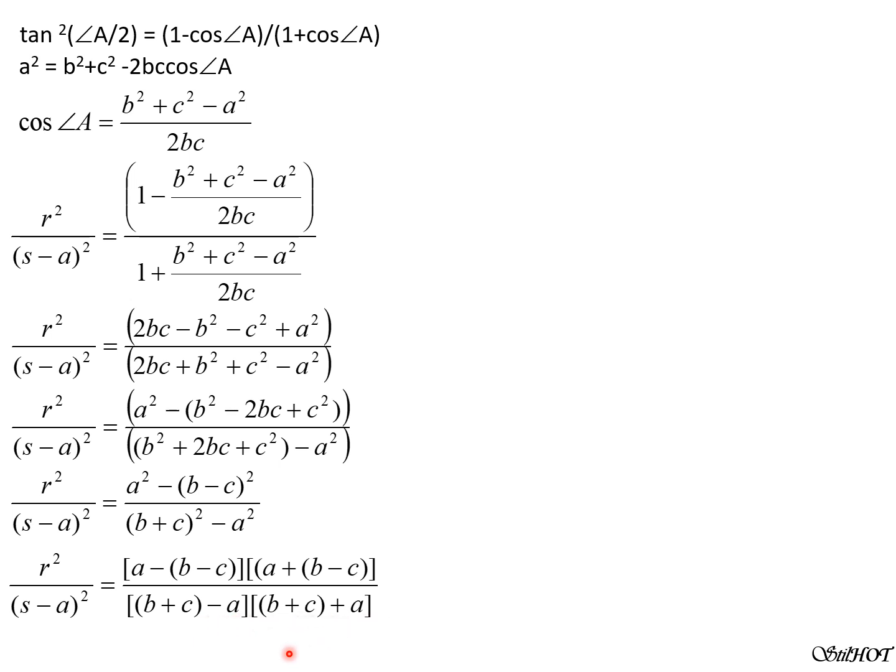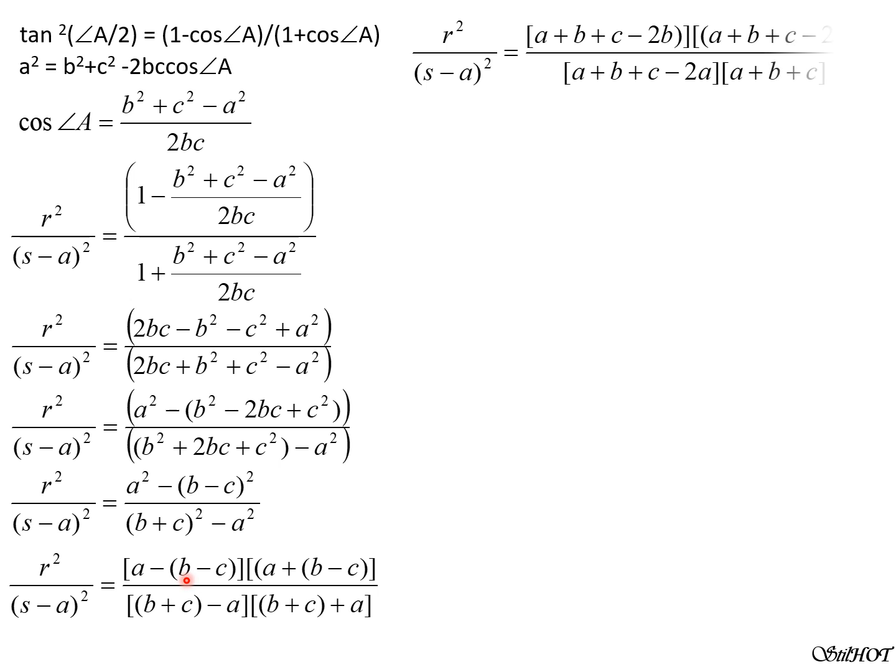So again, this is a plus b plus c minus 2b, this is a plus b plus c minus 2c, this is a plus b plus c minus 2a, and we just leave that as a plus b plus c. So this is 2s. Take note that a plus b plus c is 2s.